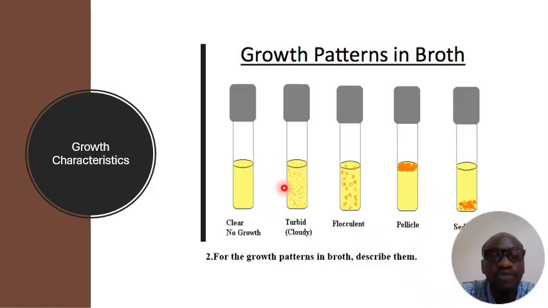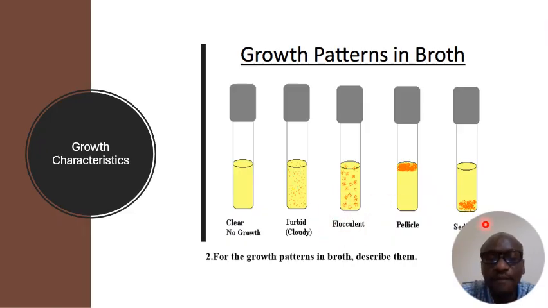Then they can also give you a pellicle formation, pellicle. That is, they provide a film on the surface of the broth. That is the way they grow, and you call it a pellicle. We also have flocculent. Flocculent growth is the clump. The clump is suspended in the liquid. You can see their growth in clumps, and it's suspended around in between the broth medium.